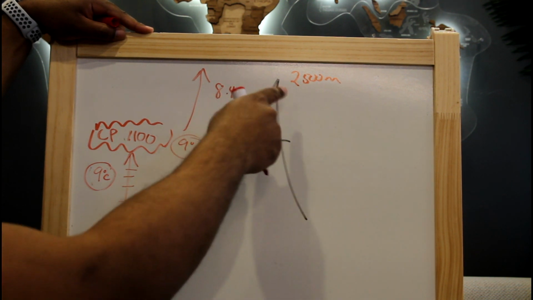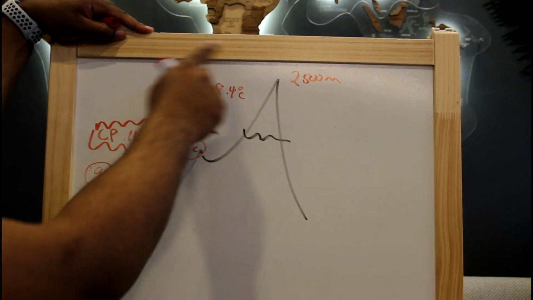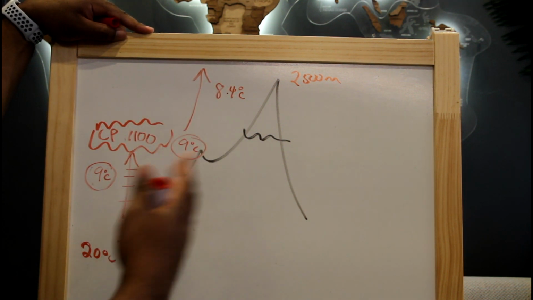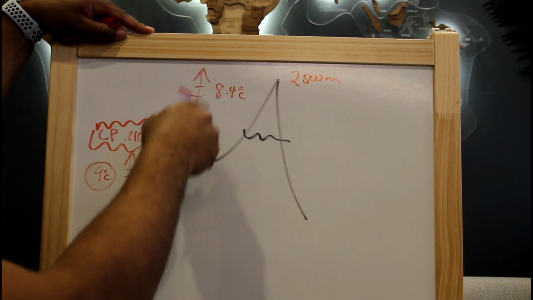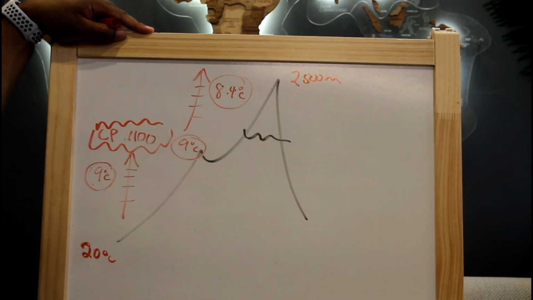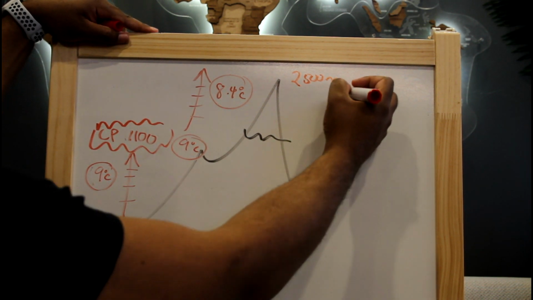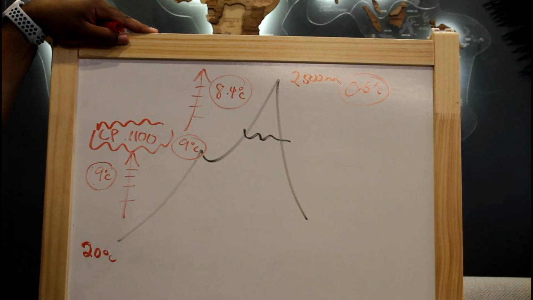Now from the condensation point to the peak of the mountain, we traveled 1,400 meters. That was the difference between the two. And when we did our calculation at 0.6 for every 100 meters that we traveled, we determined that we lost 8.4 degrees Celsius, which put us at 0.6 degrees Celsius at the peak of the mountain.